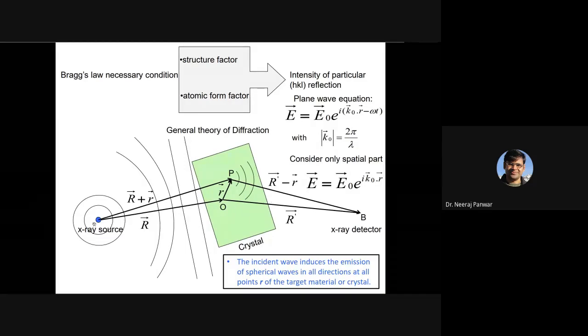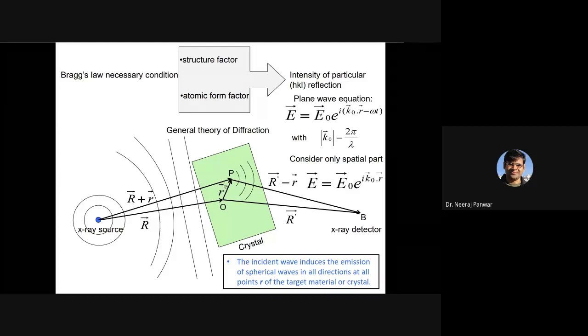So this is the X-ray source. This is incident on the crystal. We take a point that acts as a scatterer. There are many scatterers present in this crystal. A scatterer may be an electron, or it may be an atom.